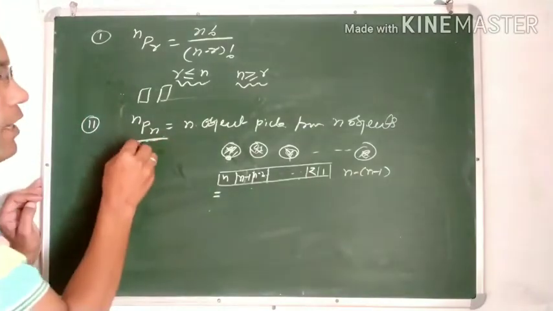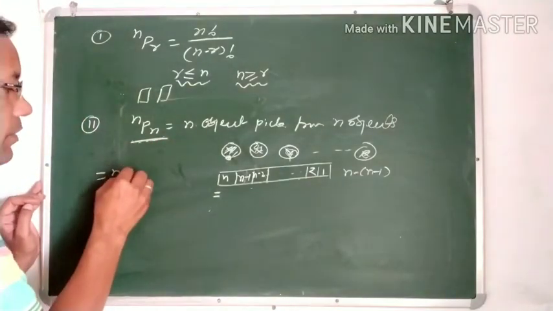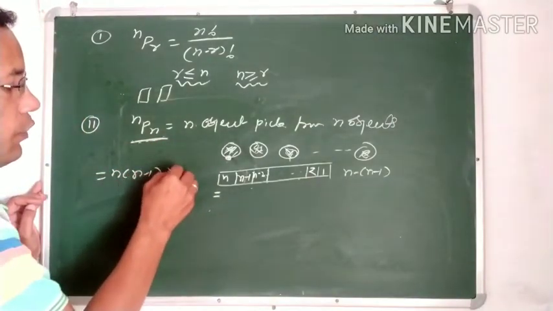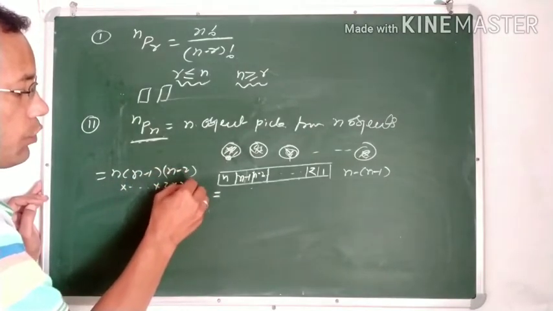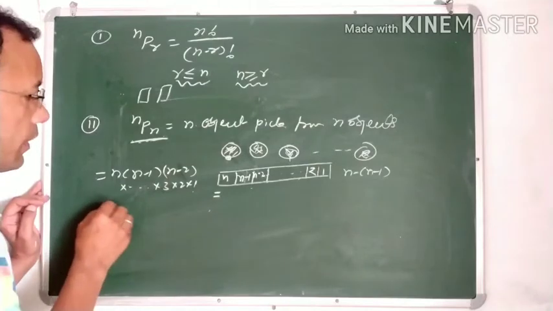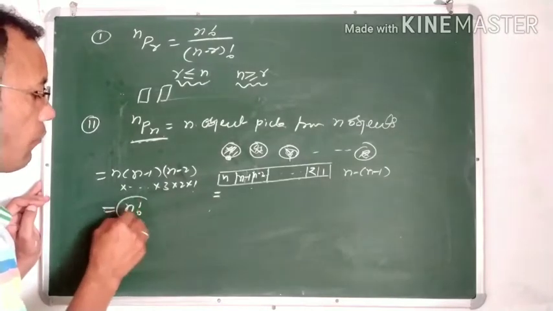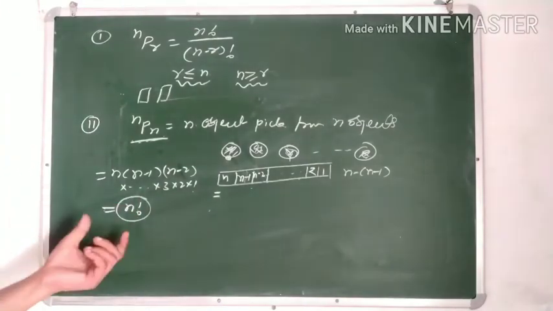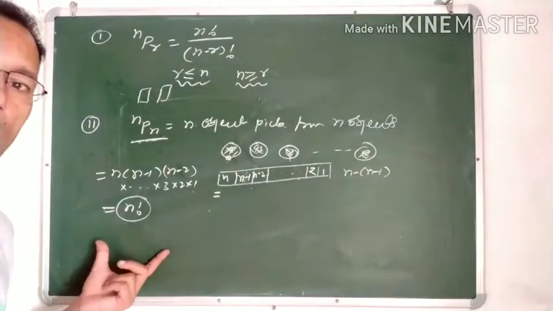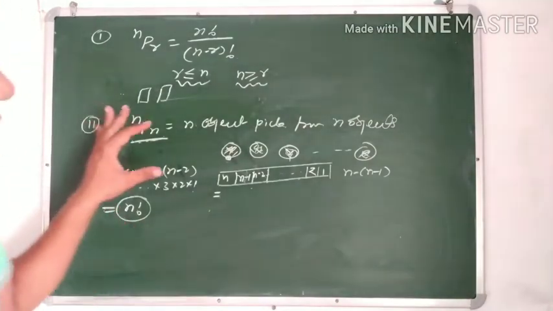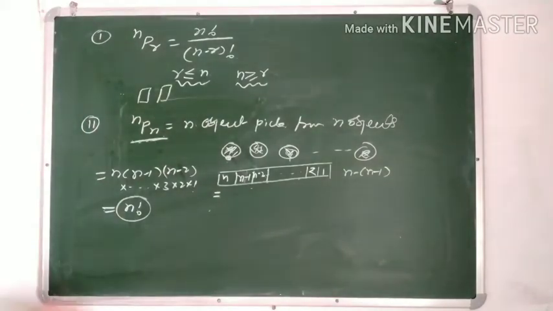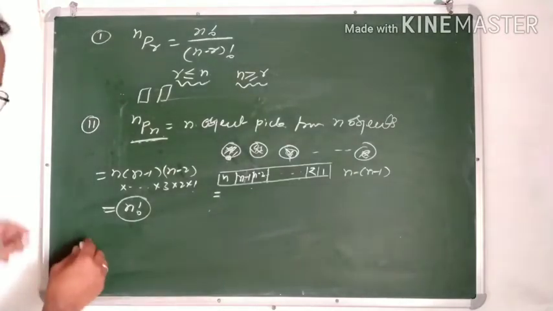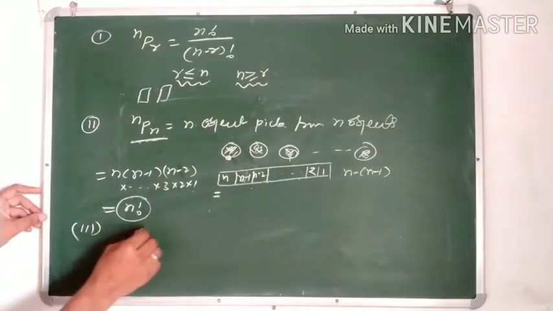So nPn is equal to n into n minus 1 into n minus 2 into dot dot dot 3 into 2 into 1, which is equal to n factorial. So out of n objects, if I pick n objects, the number of ways is n factorial, right?